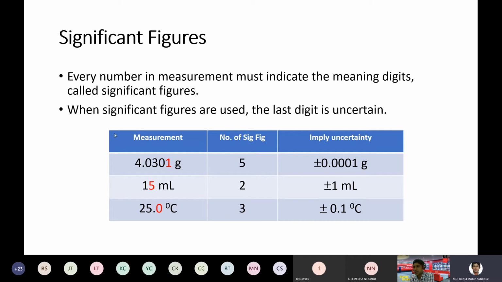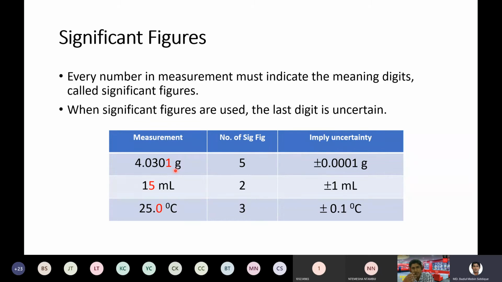Here there are 5 significant figures, and it means that even if this last one, the one in red, changes to 2 or to 0, whatever it changes to, it will have an impact. I will know that this is not the exact same figure.